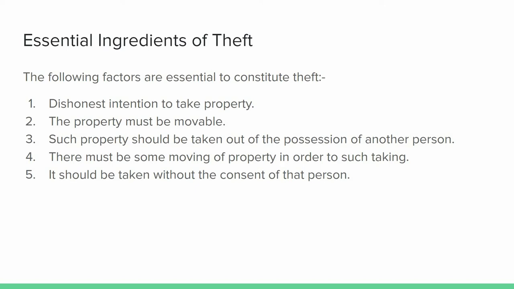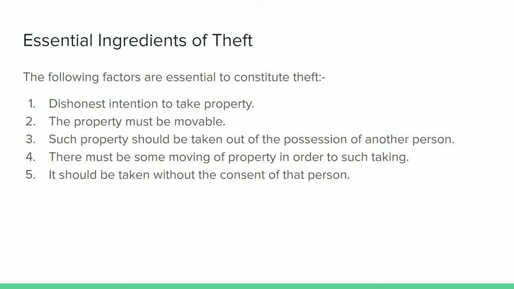Third, such movable property, which is being taken with dishonest intention, should be taken out of the possession of another person. Fourth, there must be some moving of property in order to such taking. And the last one, it should be taken without the consent of that person. If all these 5 factors are followed, then it will constitute theft.